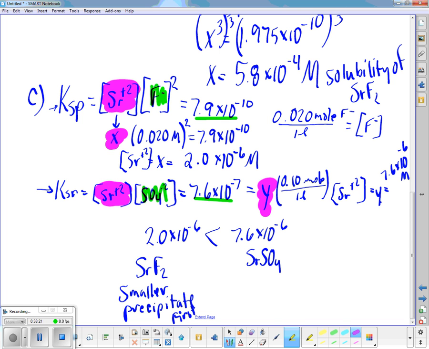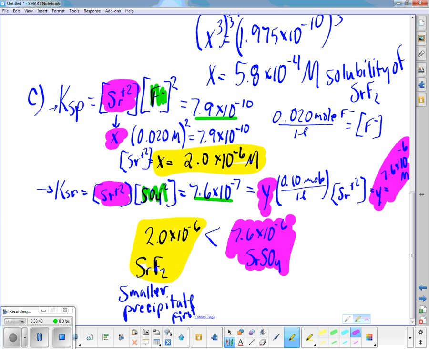So when we solved for it, we got this as our Y for strontium sulfate, and we got this for our X for our strontium fluoride. Here's our strontium fluoride compared to our strontium sulfate. Since our strontium sulfate can dissolve more, it's going to stay in solution longer than our strontium fluoride. Our strontium fluoride will start coming out of solution sooner.